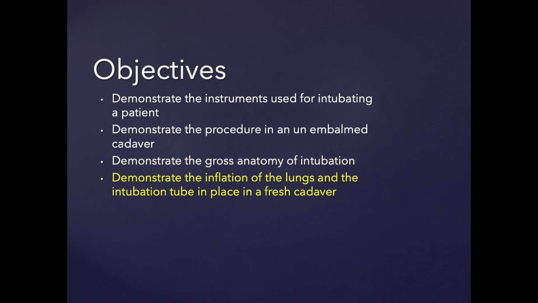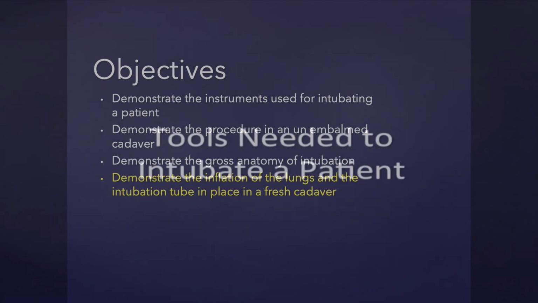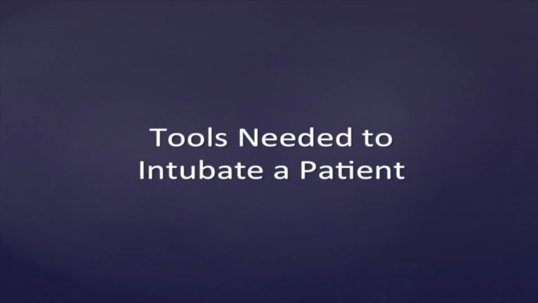And finally, the expansion of the lungs and proper placement of the intubation tube in a fresh cadaver will be demonstrated. Let's begin. The tools needed to intubate a patient will be shown in this section.